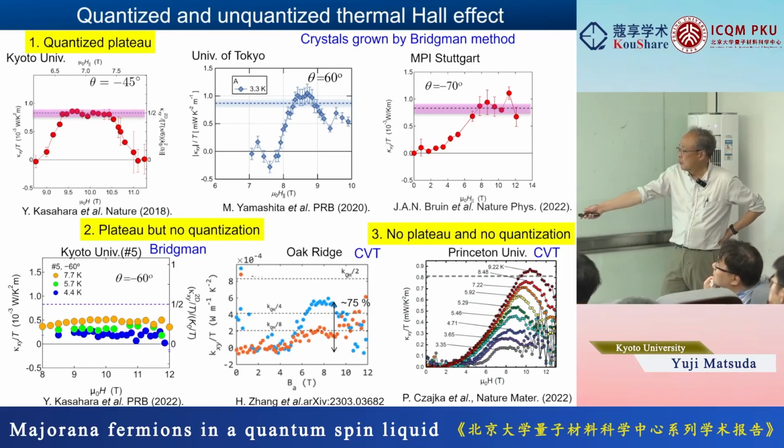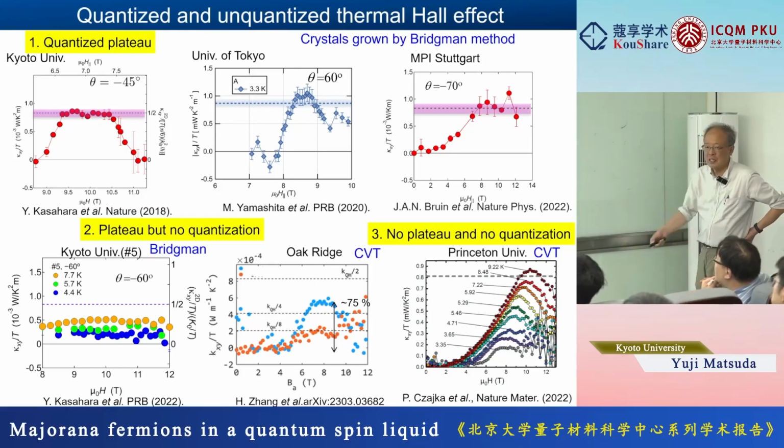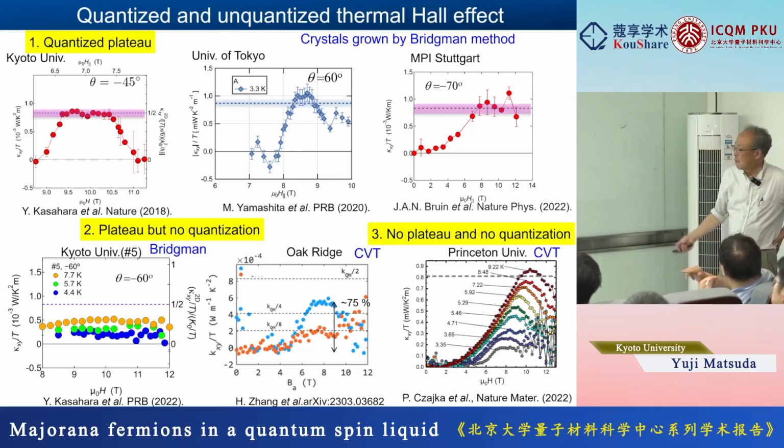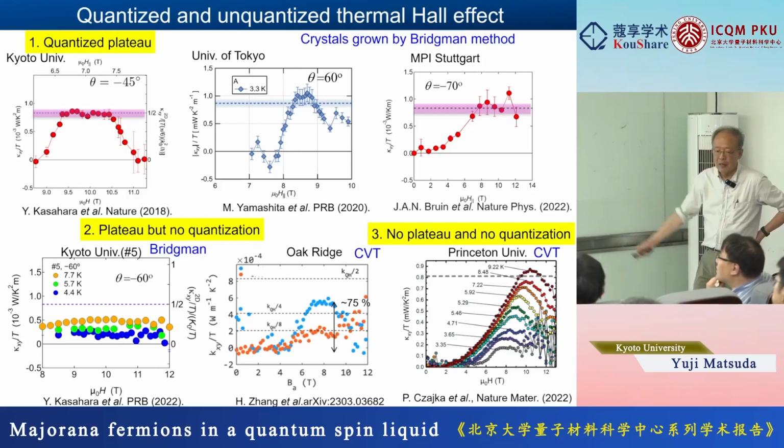They report the plateau shown here, but the plateau value is nearly 75% of the quantized value. I think this may be due to some kind of stacking fault. This is all per layer? Yes, per layer. They divided by the number of layers.